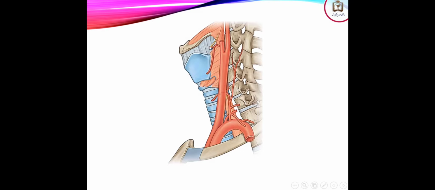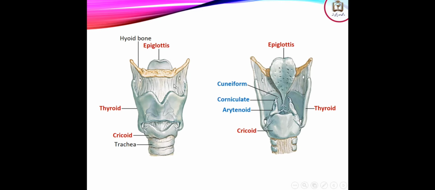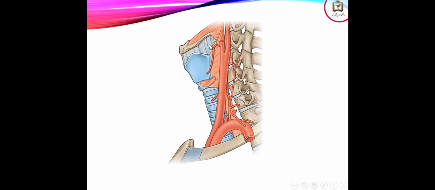This nerve is the internal branch of the superior laryngeal nerve, originated from the vagus nerve. And here is the superior laryngeal artery. So remember that this foramen on the thyrohyoid membrane is for passing the superior laryngeal nerve and vessels.